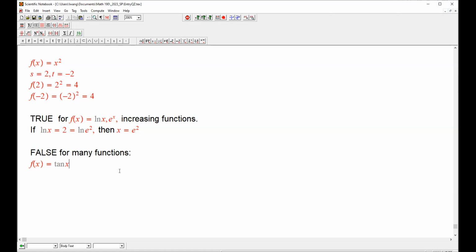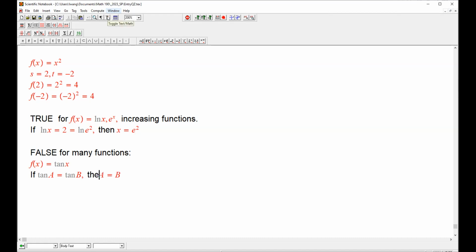Find, if tangent A equals tangent of B, can we say A equals B?